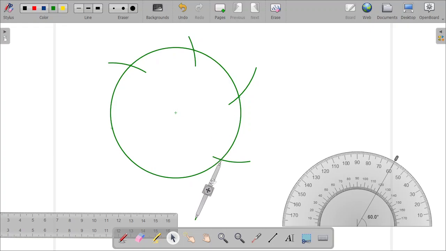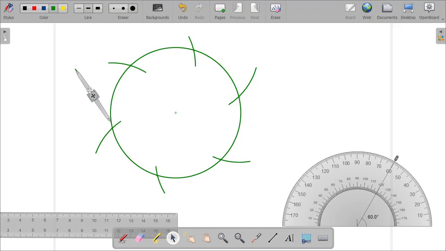So keep on going just like that round the circle. So place your compass point on your last arc, then you make another arc here like that.